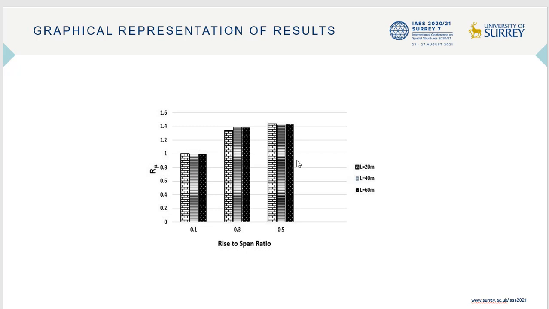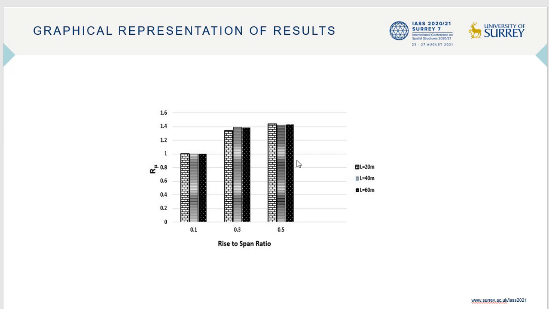This curve shows the comparison of the obtained values of the force reduction factor for different lengths and rise-to-span ratios. According to this curve, due to lack of yield in the structure with a rise-to-span ratio of 0.1, the value of the force reduction factor is equal to unity in this span. In fact, in structures with time period greater than 1 second, the force reduction factor is equal to the ductility factor.